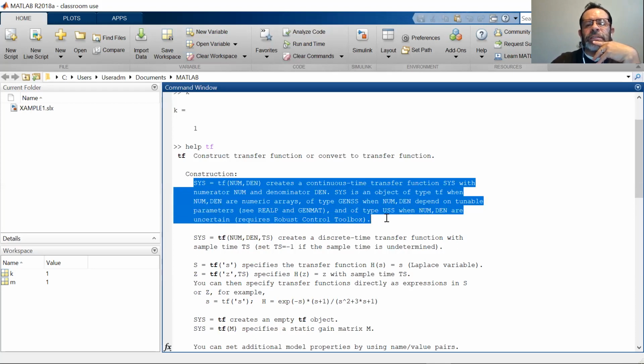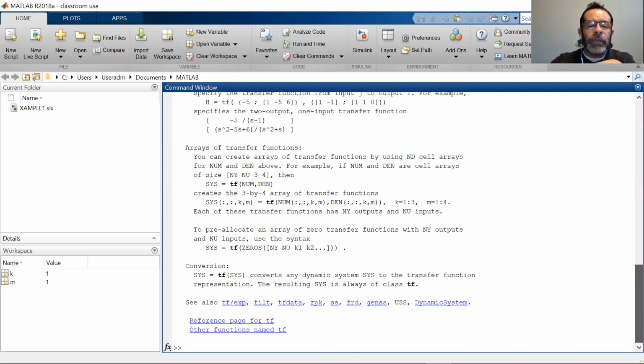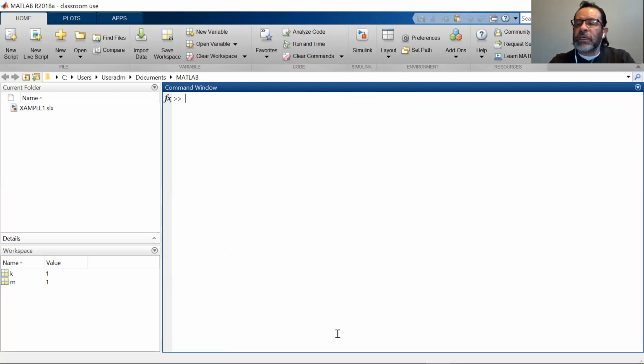The most basic one is the one we're going to be using here, which is TF num and den, the numerator and the denominator of the transfer function. And these are obviously given as vectors or matrices. Remember that MATLAB means matrix laboratory. The MAT isn't math, it's matrix laboratory. So everything we do in MATLAB is based on matrices.